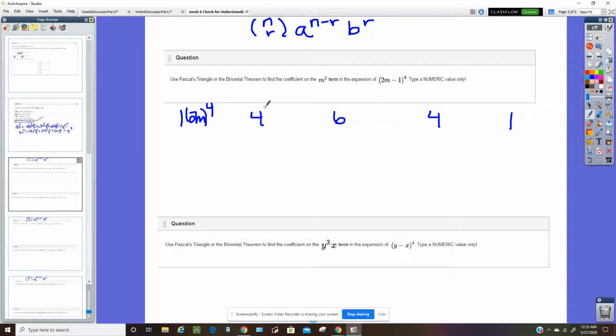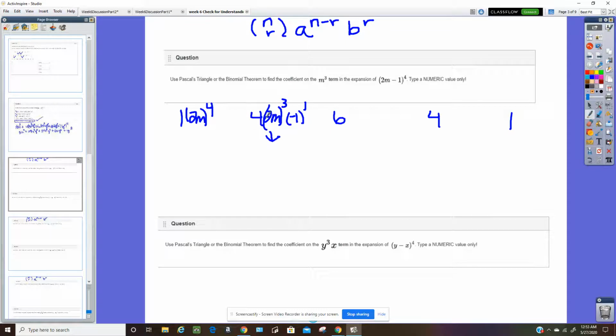so the next term is going to be 4 times 2m, this whole thing cubed, and then negative 1 to the first power.